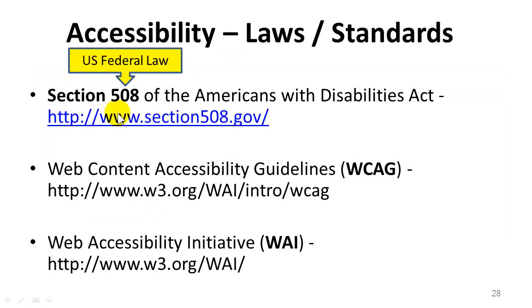There's actually a law, Section 508, that talks about web-based requirements for any type of electronic information that is produced by a federal organization. And that includes schools, because schools are federally funded. We also have Web Content Accessibility Guidelines and the Web Accessibility Initiative. These are good URLs to check out to learn more about how to make your products accessible.